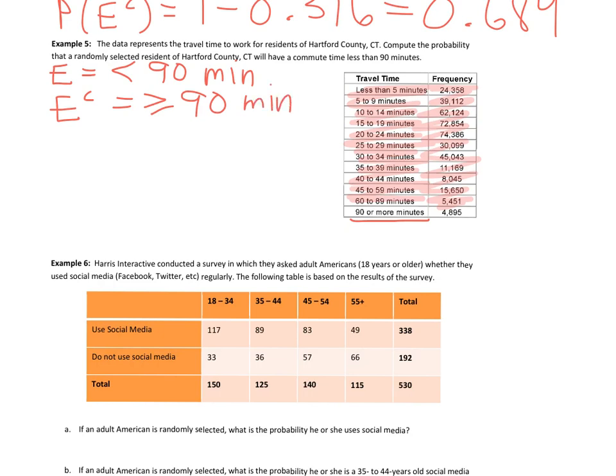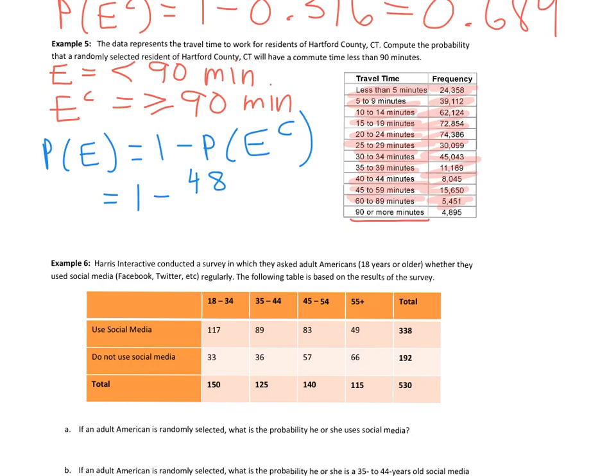All right, so according to our rule, the probability of E, what we're trying to find, resident has a commute time less than 90 minutes, it's going to be 1 minus the probability of the complement. So rather than adding up all that highlighted in red, we can just look at the probability of the complement.